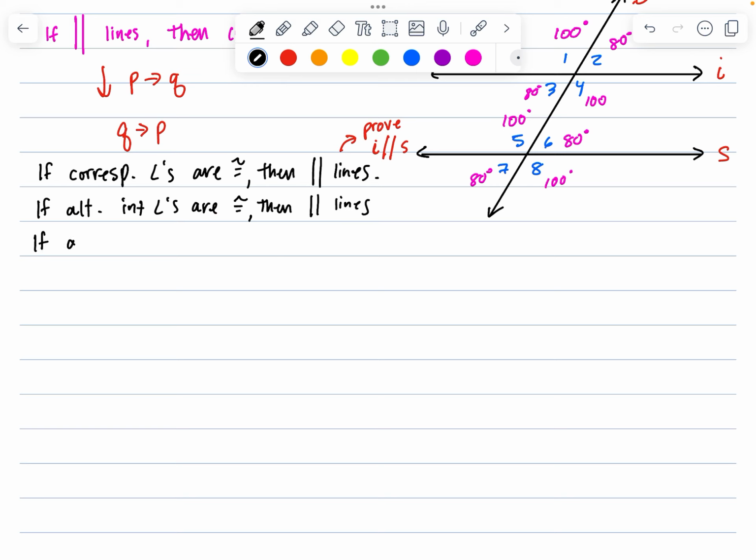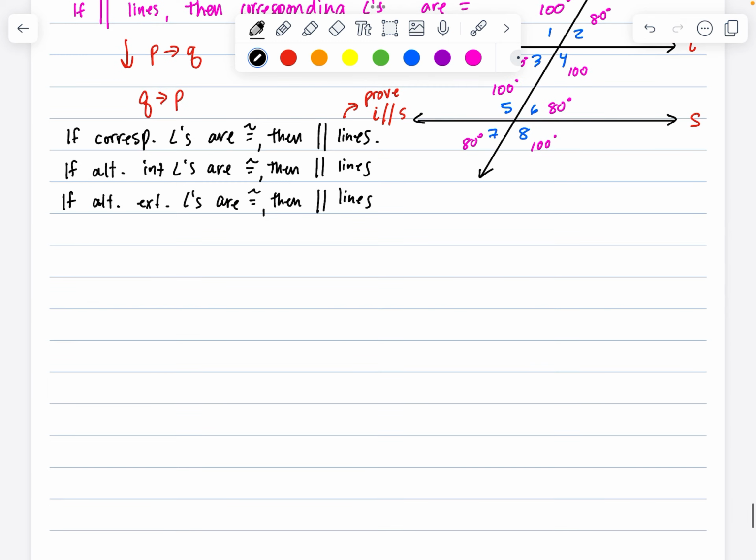So here we say if alternate exterior angles are congruent, which they are, for instance, 2 and 7, then the lines are parallel.